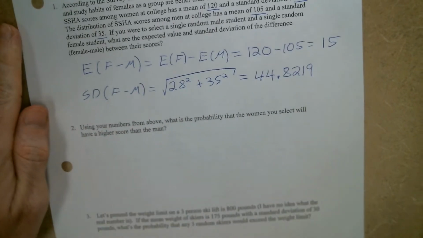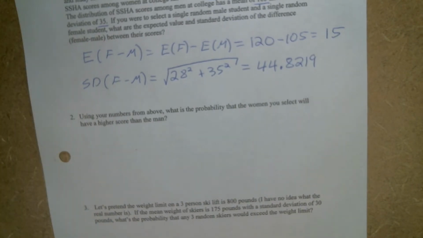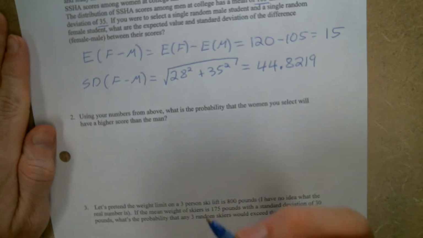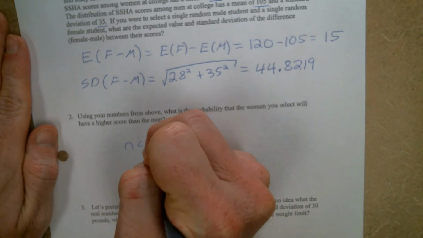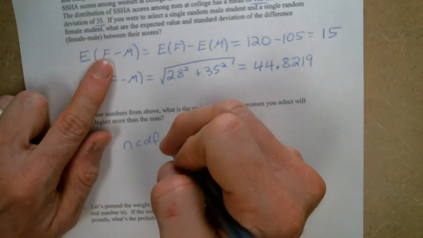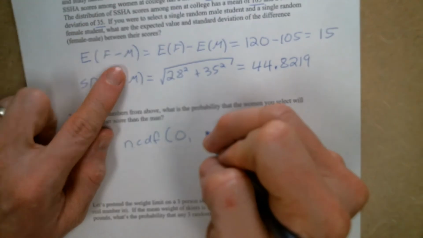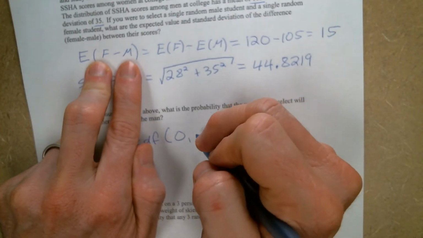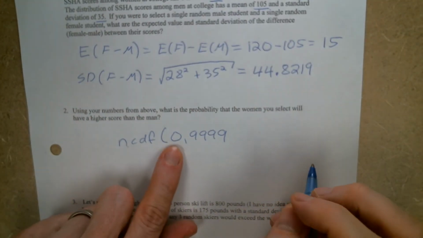So using your numbers from above, what is the probability that the woman you select will have a higher score than the man? So we're basically saying, what are the odds that when you subtract these, you're going to get a positive number? Or put another way, what are the odds that the value you get after subtracting these two numbers is going to be 0 or higher?